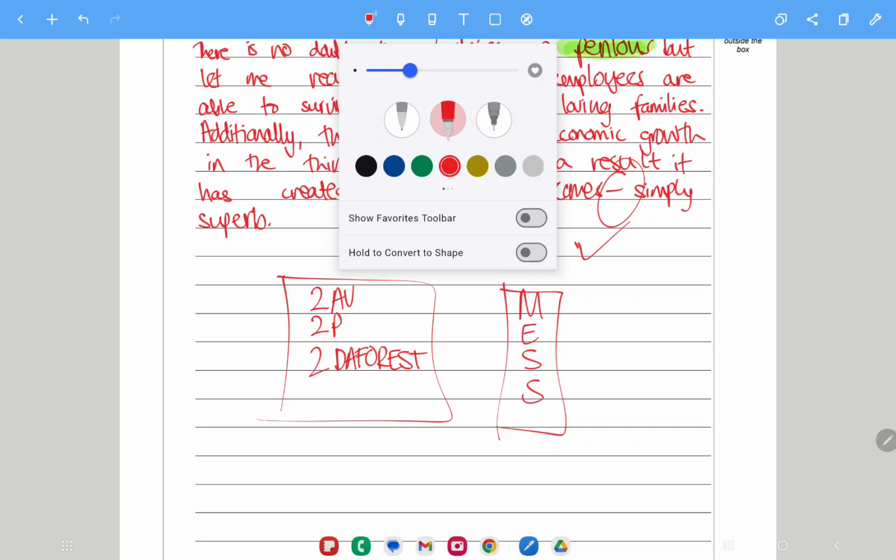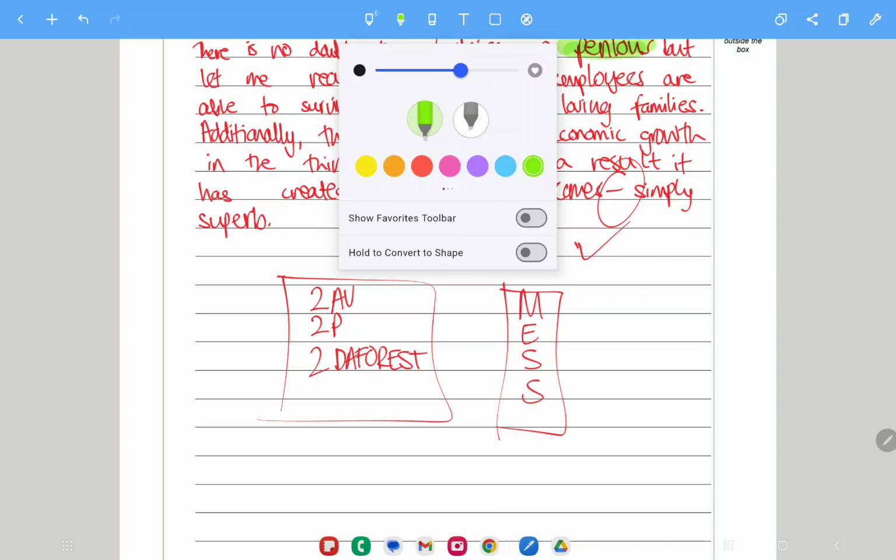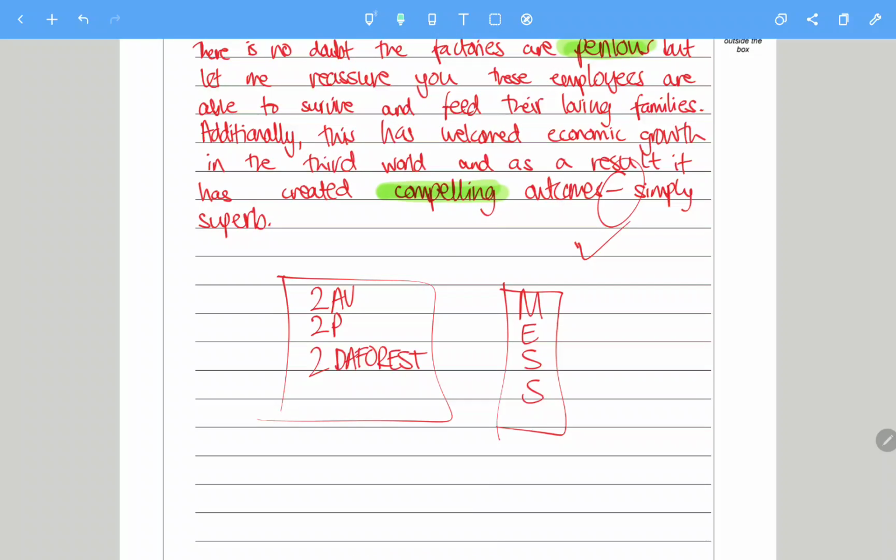If you can use them together, then you should be on the right track in achieving the highest possible mark. So again, for any language paper 2, question 5, this is something that you can use for sure. They go hand in hand with one another. So remember, it's something for you to use. And if you can use it effectively, for sure, you will be achieving the highest mark possible.